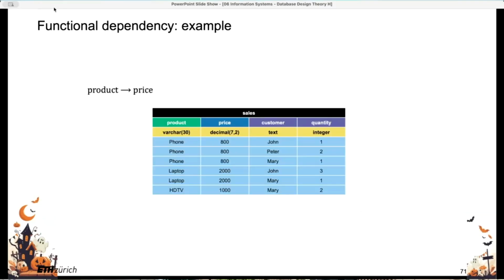And so here we would basically say that P, if we call the function P, price is a function of the product. There exists a function that maps the prices to the products. I can even give you the function, that is the function, and I have a function such that the price can be computed with this function from the product. This is why it's called functional dependency.